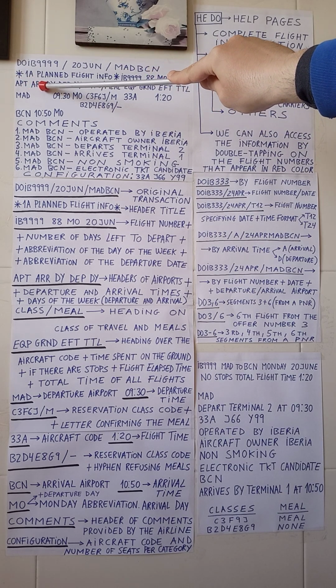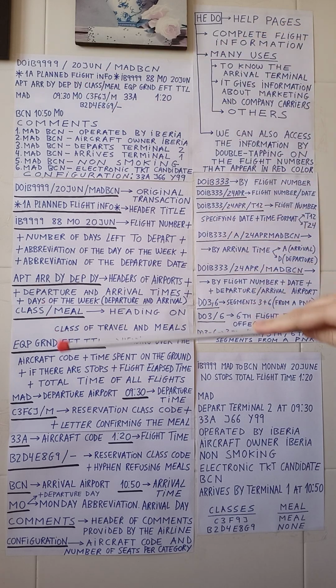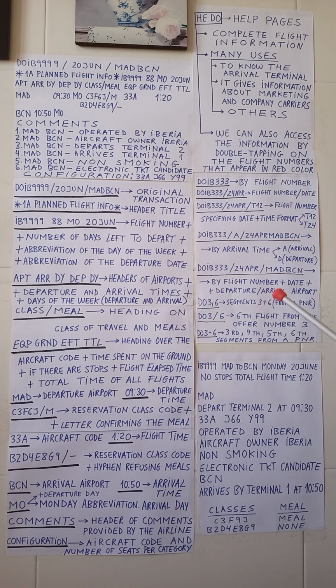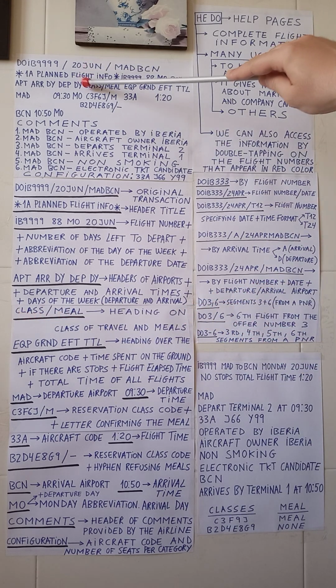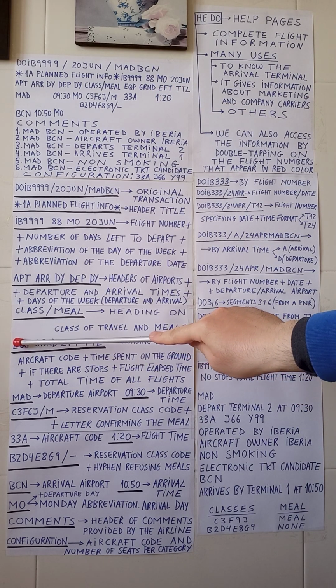APT ARR DY DEP DY, which is here, indicates some titles of the information that appears just below. The other titles are class meal, and EQP GRND EFT TTL, which is here.